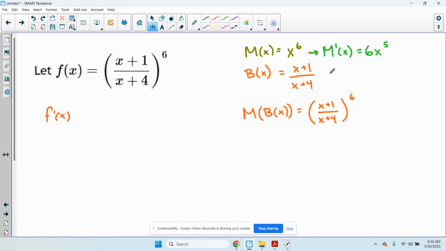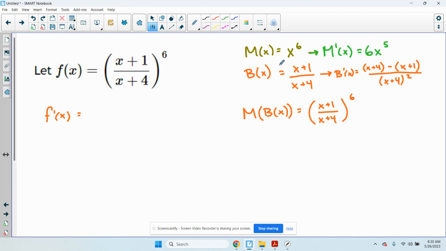If I differentiate the baby, well, that's going to be the quotient rule. This will be b prime. Let's see if I can fit this. Low, x plus 4, d high, the derivative of this is just going to be 1, minus high, x plus 1, d low, the derivative of that is just going to be 1, over low squared. So there I have everything I need.